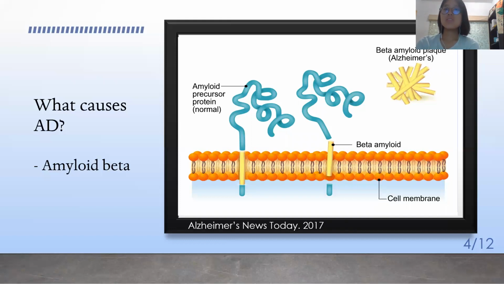In Alzheimer's patients, the amyloid beta will not be cleared by enzymes and forms amyloid fibril precipitation. They form abnormal plaques between our neurons and lead to synapse damage.